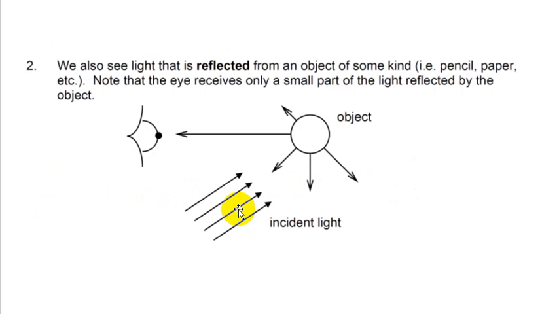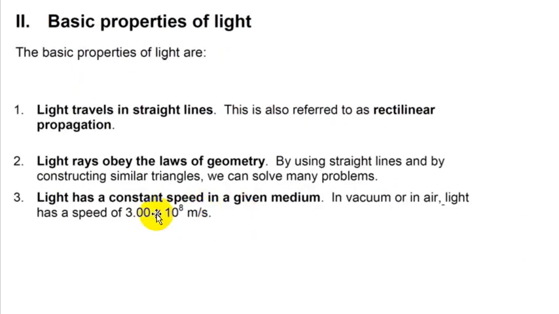Then the speed of light in a given medium: for example, it's 3 × 10⁸ meters per second in a vacuum, or we can consider also in air. In water, it's 2.26 × 10⁸ meters per second.